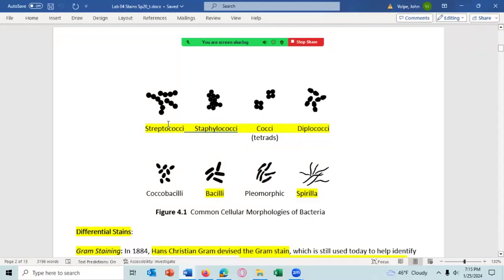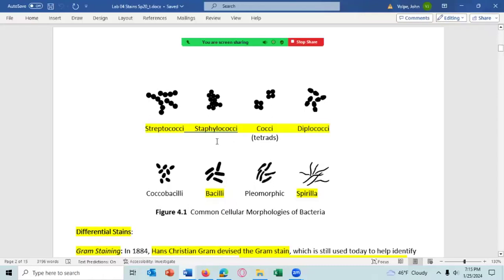You can have the bacilli in some of the cellular growth arrangements, but not all of them. You can have streptobacilli. You can have diplobacilli. You cannot have tetrads of bacilli.